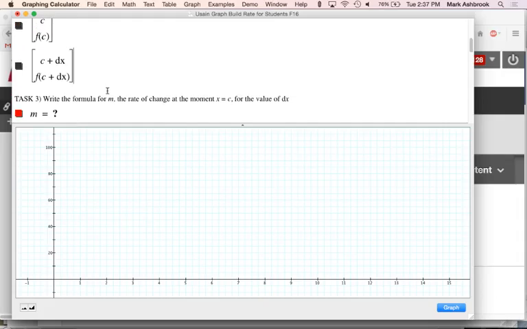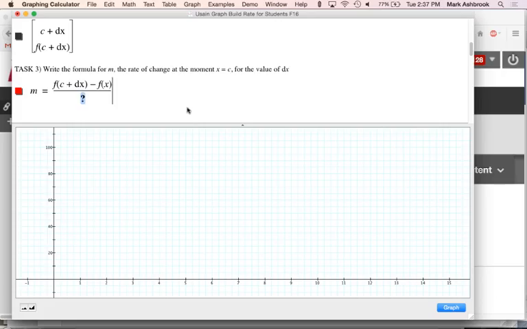Then the next thing is to define in GC a formula that's going to calculate the current value of m. So we want to use our correspondence points to get the current value of m. What will it be? Change in y, which is y final minus y initial, divided by change in x.